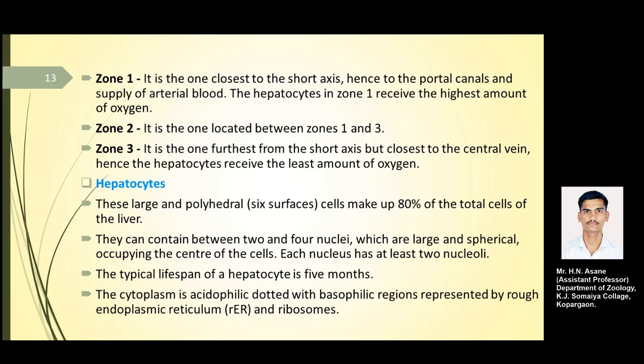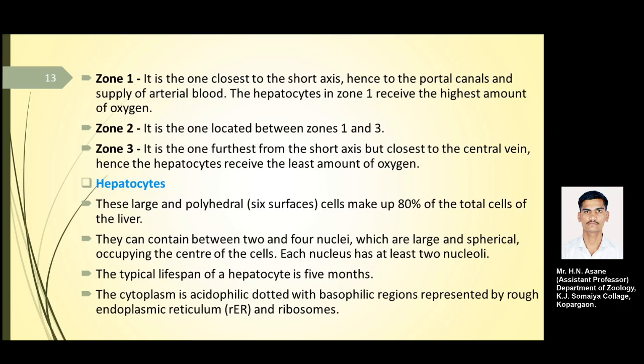These hepatocytes are large and polyhedral, meaning they have 6 surfaces, and make up 80% of the total cells of the liver. They can contain between 2 and 4 nuclei, which are large and spherical, occupying the center of the cell.